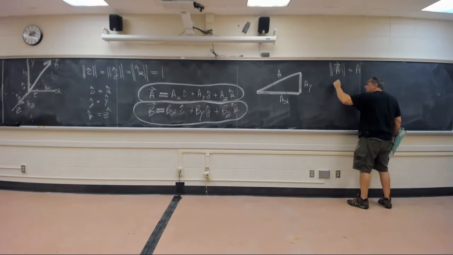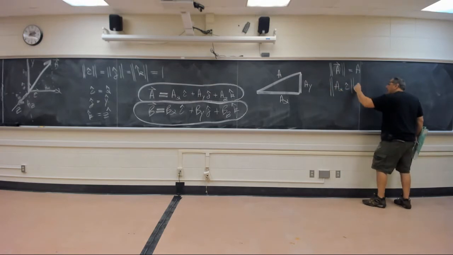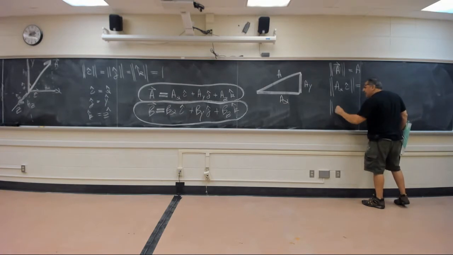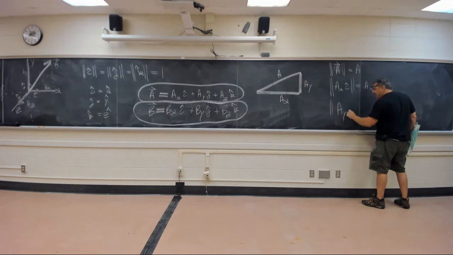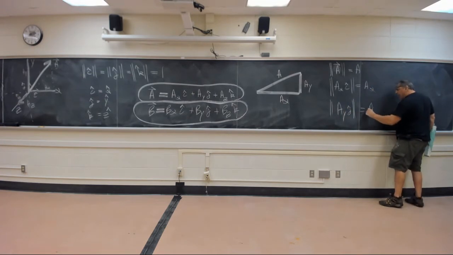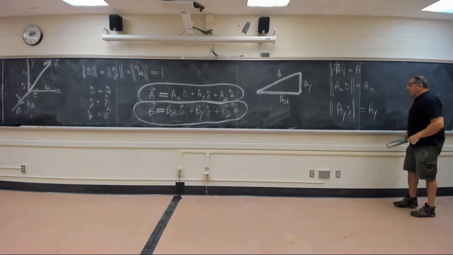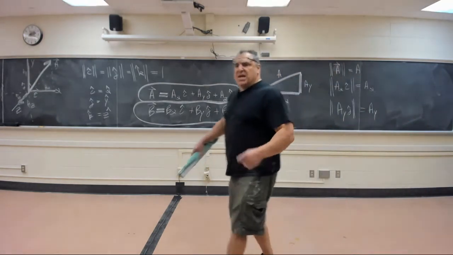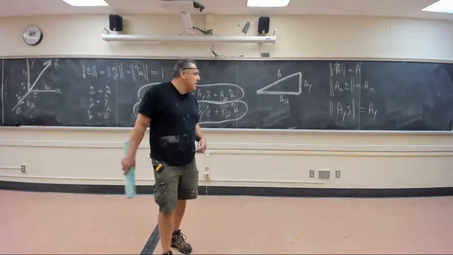The magnitude of a sub x i hat is just a sub x. Because a scalar times a vector is a vector, the magnitude of a sub y j hat is just a sub y. The magnitude of a sub z k hat is just a sub z.